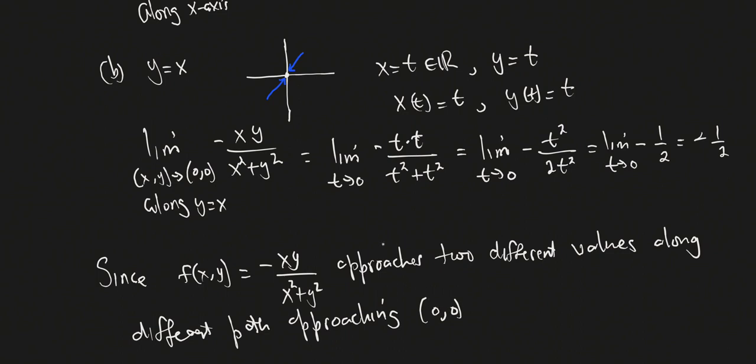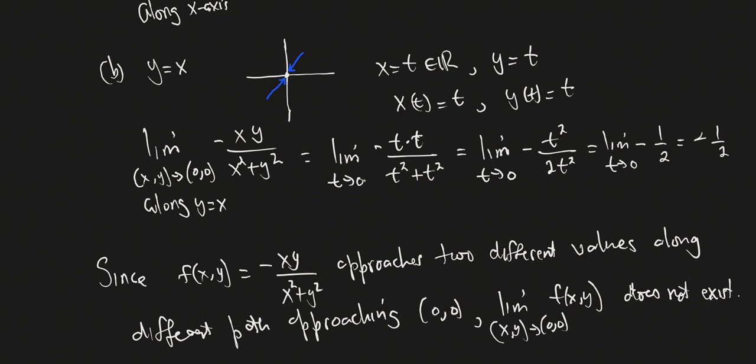In both cases, A and B, we were getting closer and closer to the origin. So since we produced two different values by taking two different paths, we can say that the limit of this function, f of (x, y), does not exist. And that's the general approach.